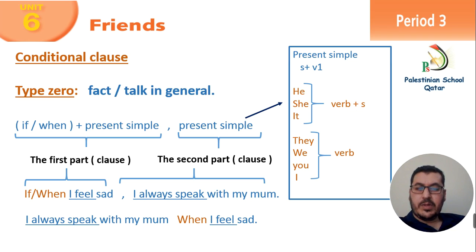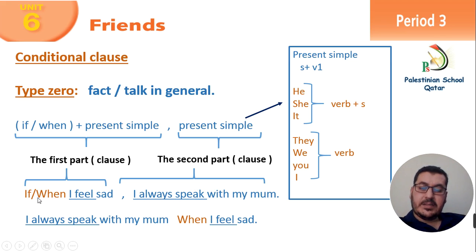infinitive alone without s. Now, for example, if or when I feel sad, this is the first part. When I feel sad, comma, I always speak with my mom. This is the second part.